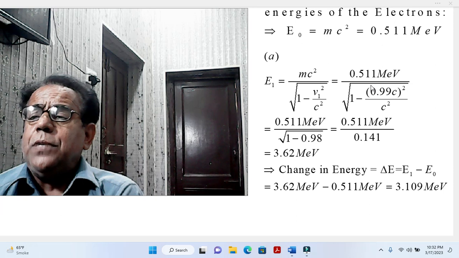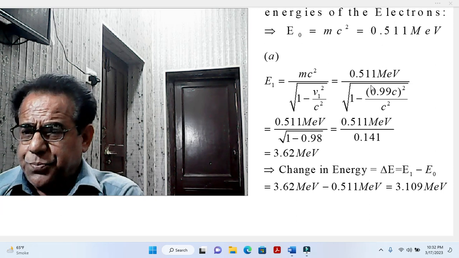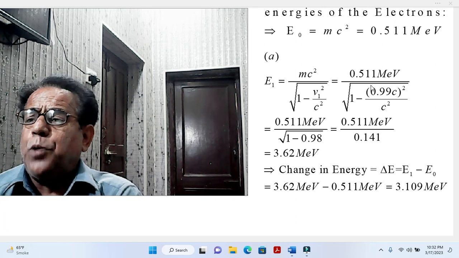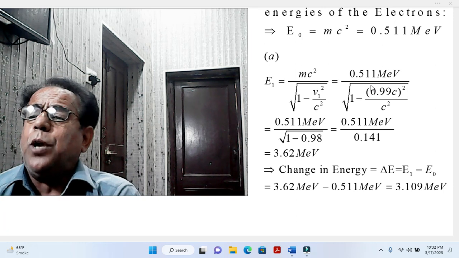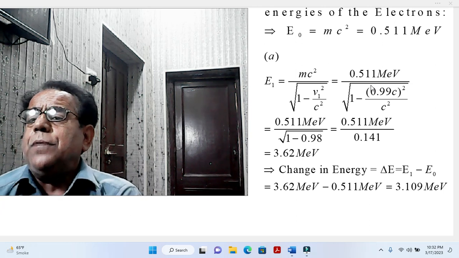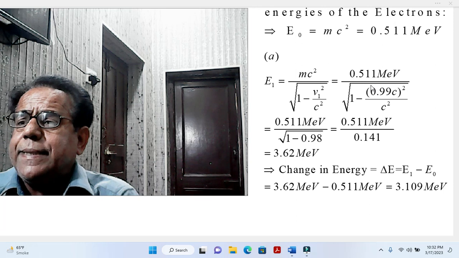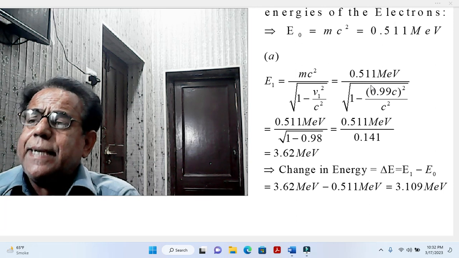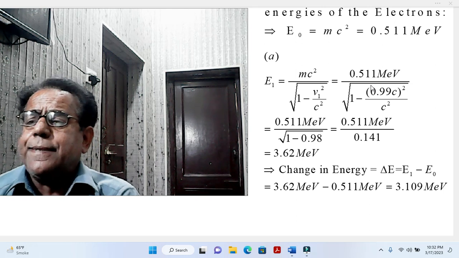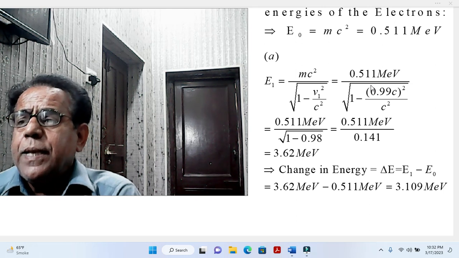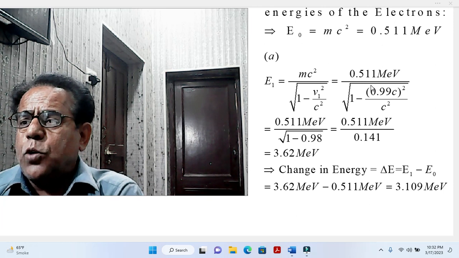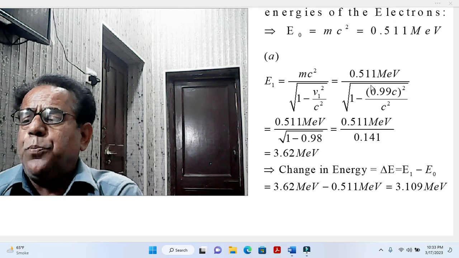What is V1? V1 is the first given speed. First is 0.99 and second is 0.999. So here in place of V1 we will use 0.99 c divided by c square. Here c square will be cancelled out with c square, and in the next step we will be left with E1 equal to 0.511 million electron volt over the square root of 1 minus 0.98.